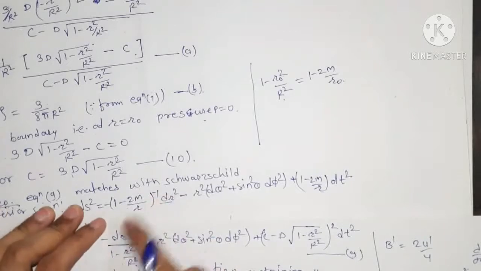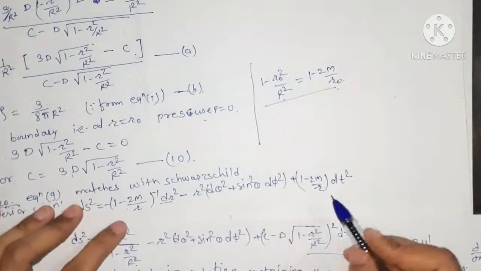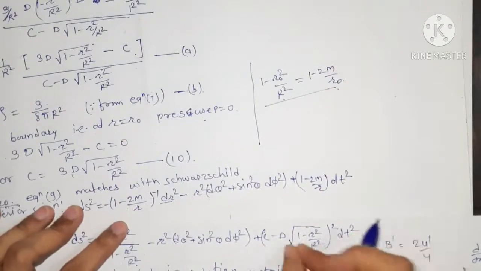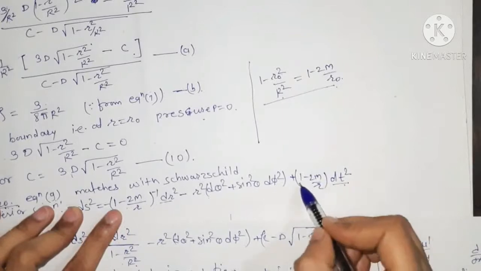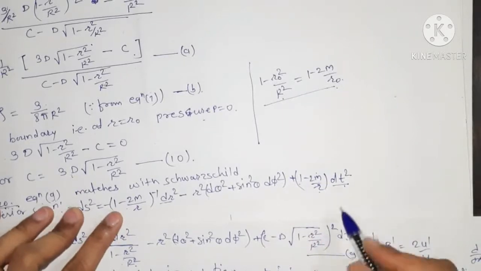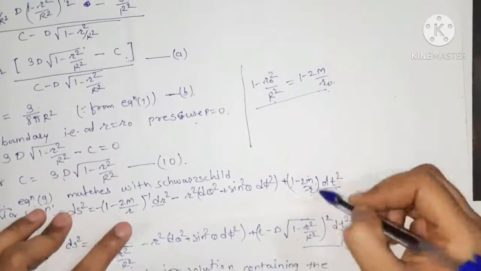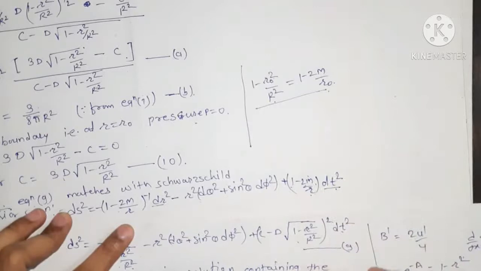Also the coefficient of dt square is 1 minus twice m upon r in the exterior solution, and in the interior solution it is a bracket square. So this is also equal at the boundary. We substitute r equals r0 here and also in equation 9.